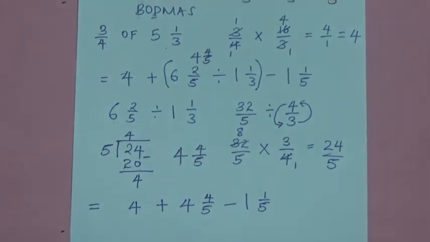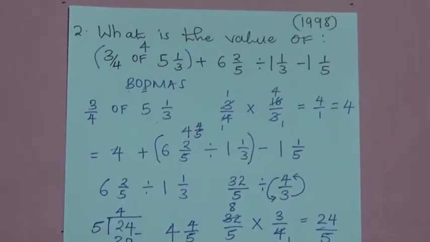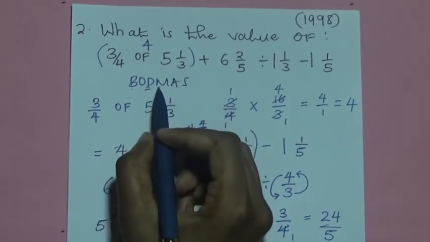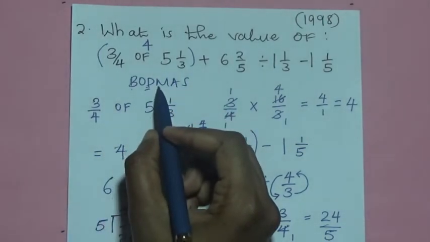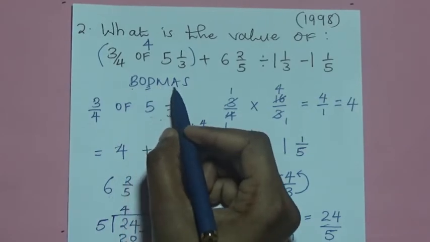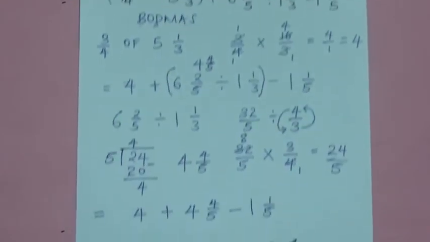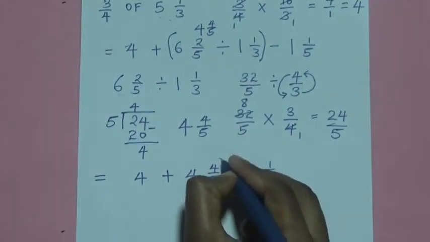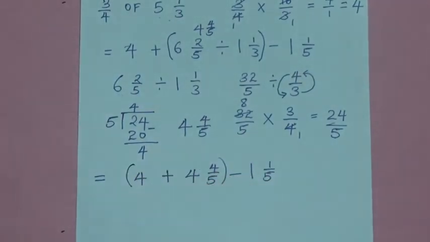Now, after division, we go to multiplication. Since we don't have multiplication, we go to addition. So we have addition here, so we work this out. We have 4 plus 4 and 4 over 5.